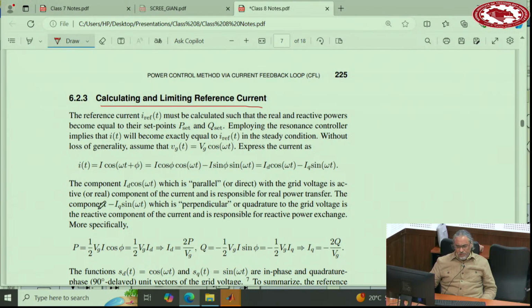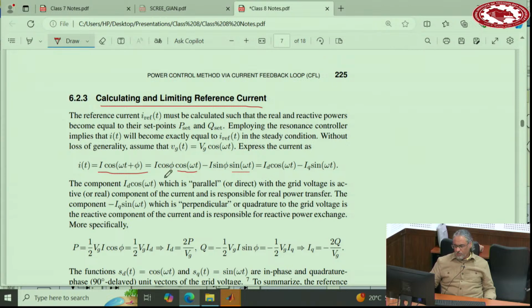So for calculation, first of all, because it's power, we need to look at power. If you write down the current in terms of cosine and sine, cosine is the direction of the grid voltage and sine is quadrature to that grid voltage.